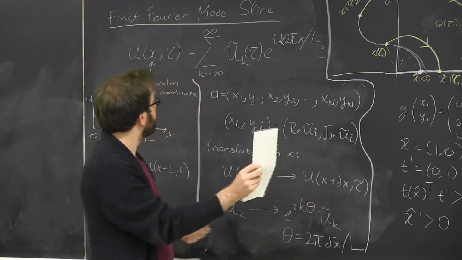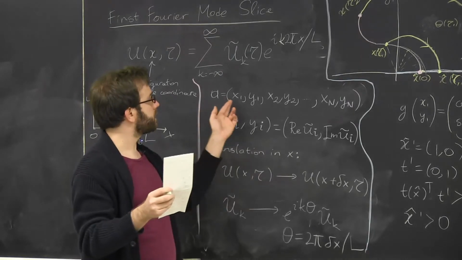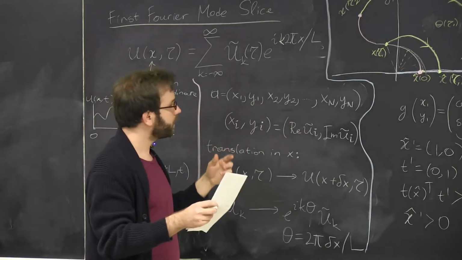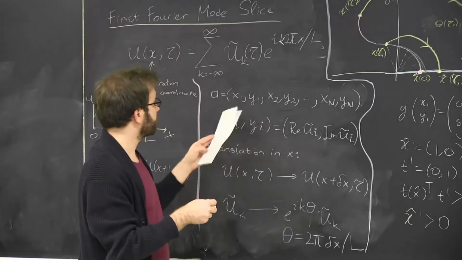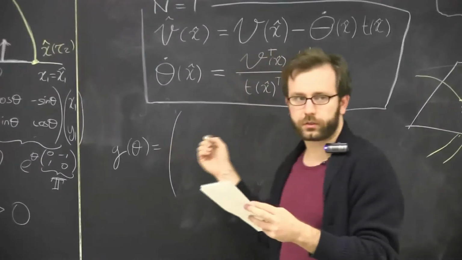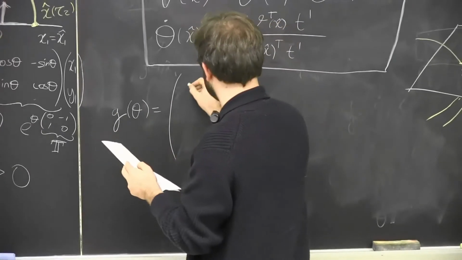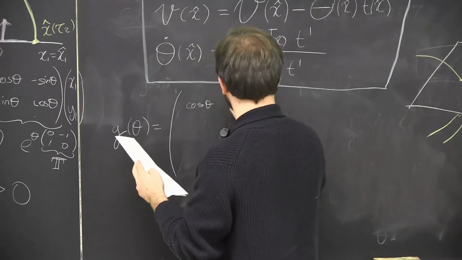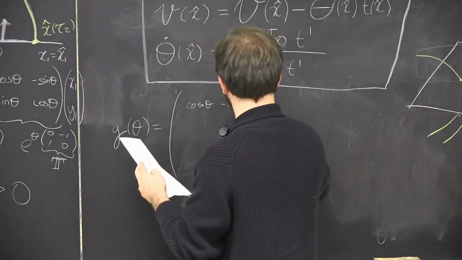Then, for the state space I define, I can write the group action as a big matrix of rotations like this, cosine theta, minus sine theta.